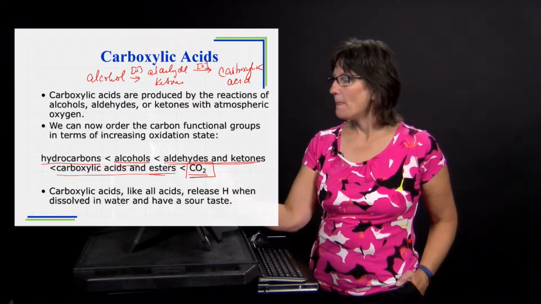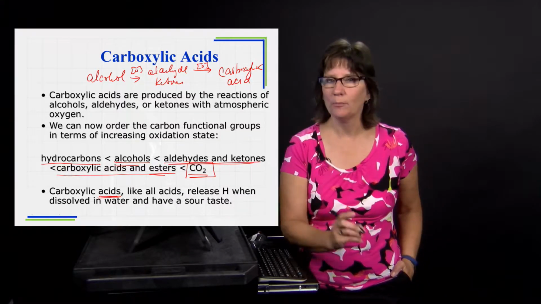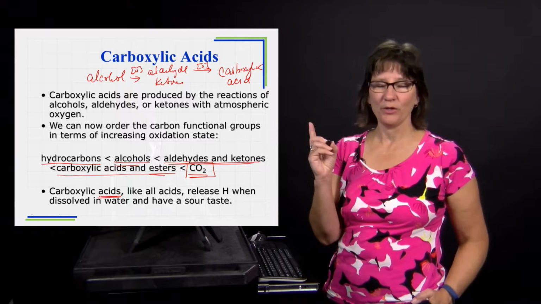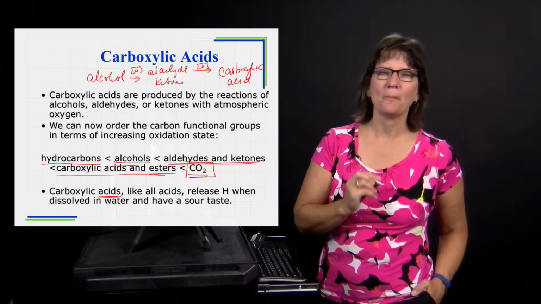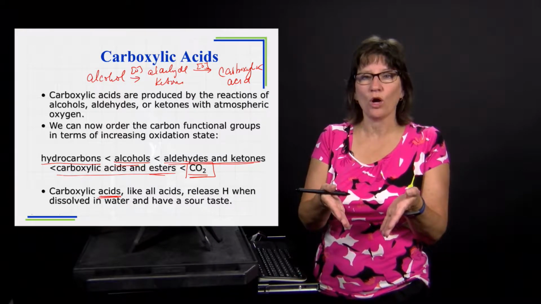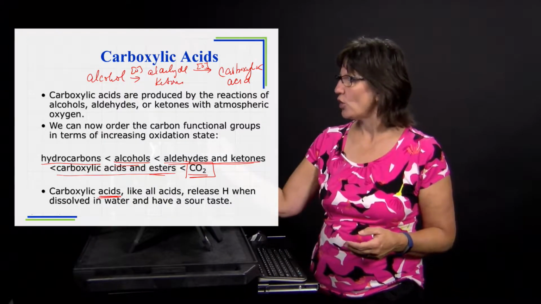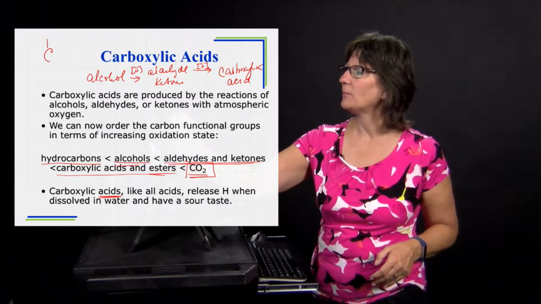All right, so carboxylic acids are acids. And a big property of anything that's an acid is that when you take it and dissolve it in water, it will release those H's off of the end. So let me draw a carboxylic acid up here at the top.